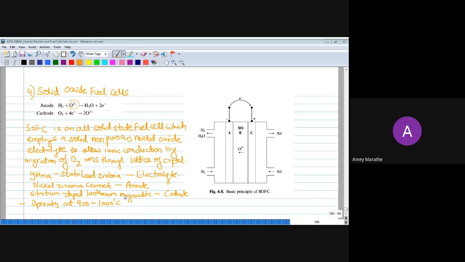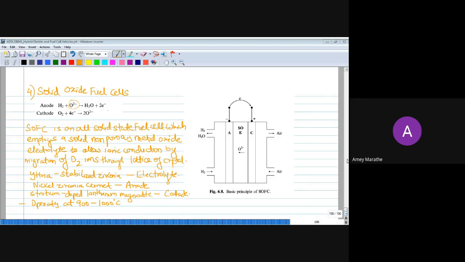Basically it will have all the advantages as if you compare it with molten carbonate fuel cells. But since the temperature is high, it has limitations to be used in EVs. So again, not suitable for EV application.